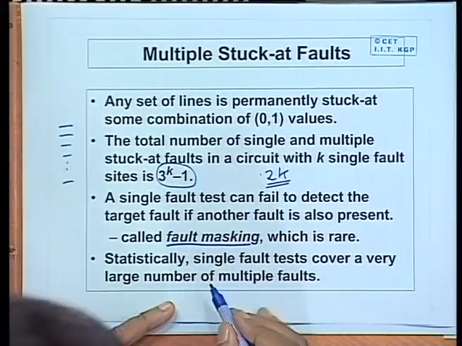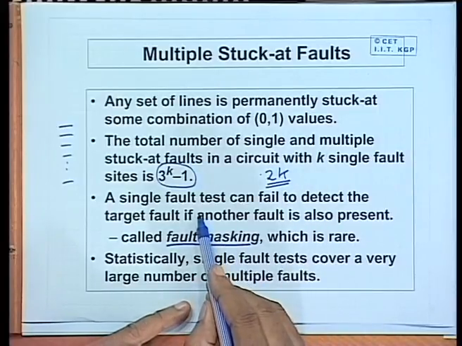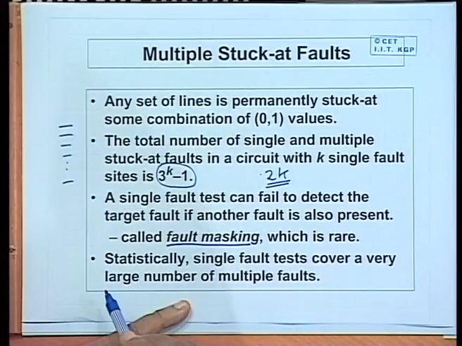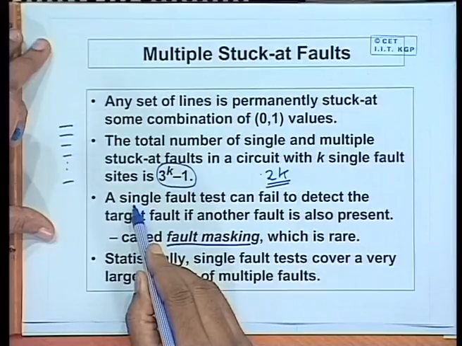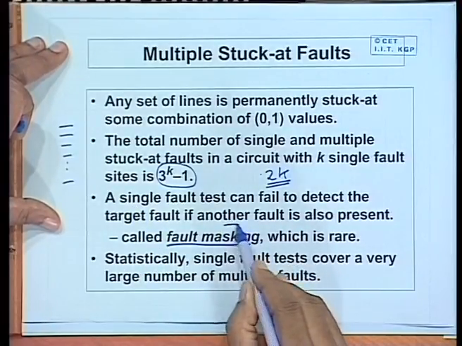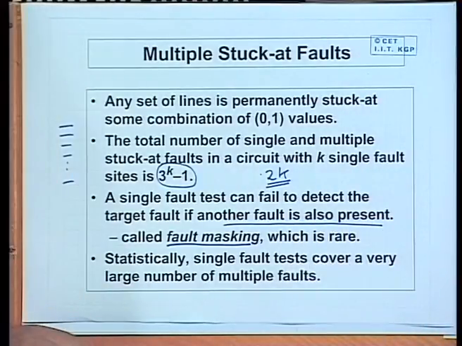Now, this fault masking says that if more than one fault occurs at a time, then a test set to detect one fault may be invalidated if another fault is also present. Well, I will just illustrate this with an example.